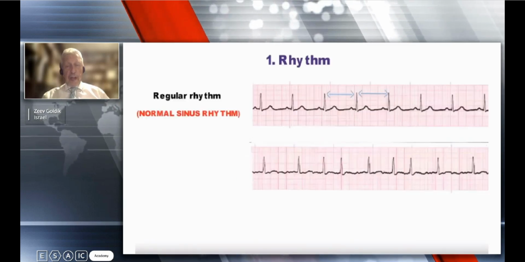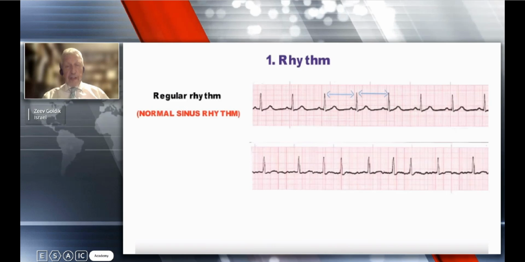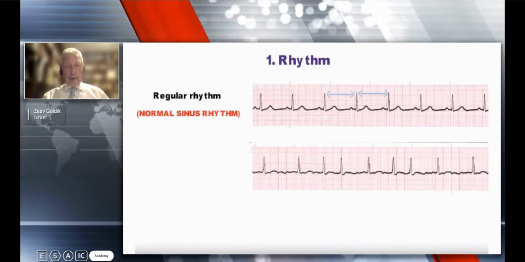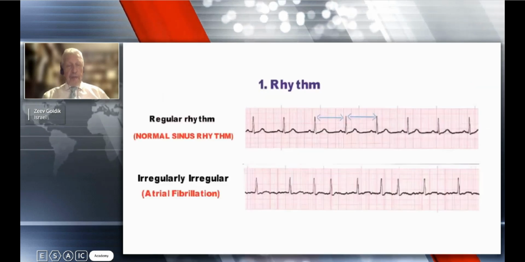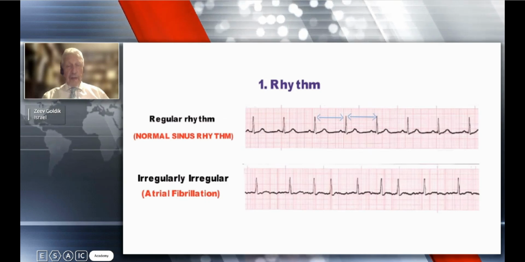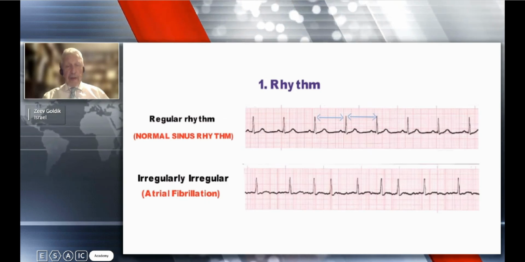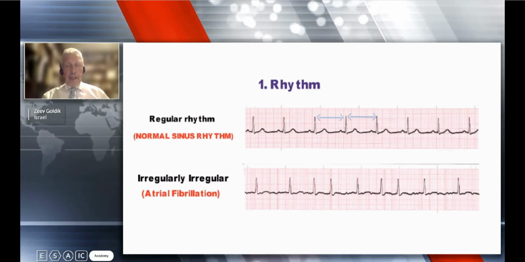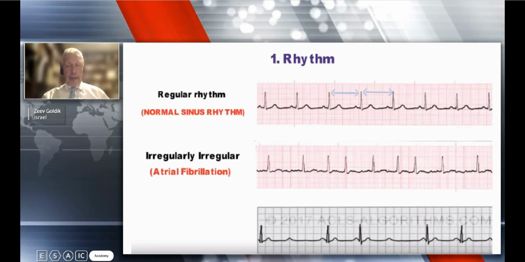This second one, you can see this is not regular, this is an irregular rhythm, and there are two types of irregular rhythms. It can be an irregularly irregular rhythm, as you see here the example of atrial fibrillation, because it's not following any pattern, it's completely irregular.